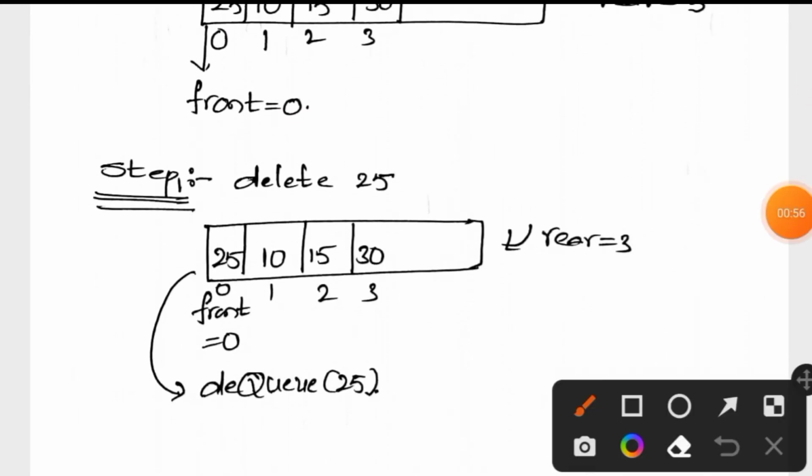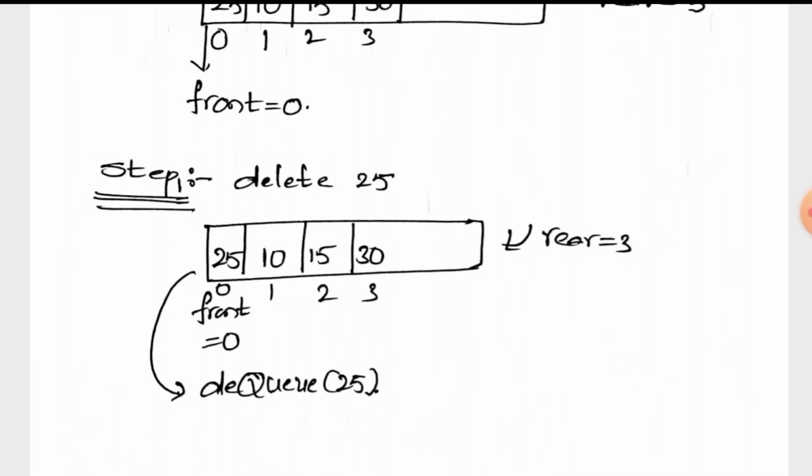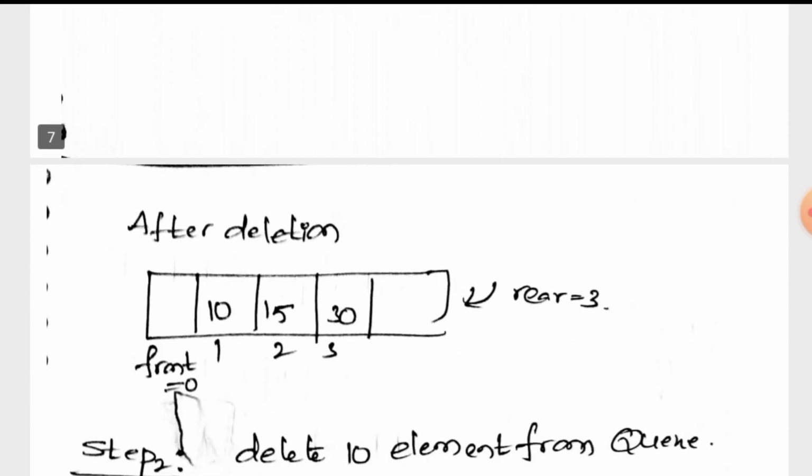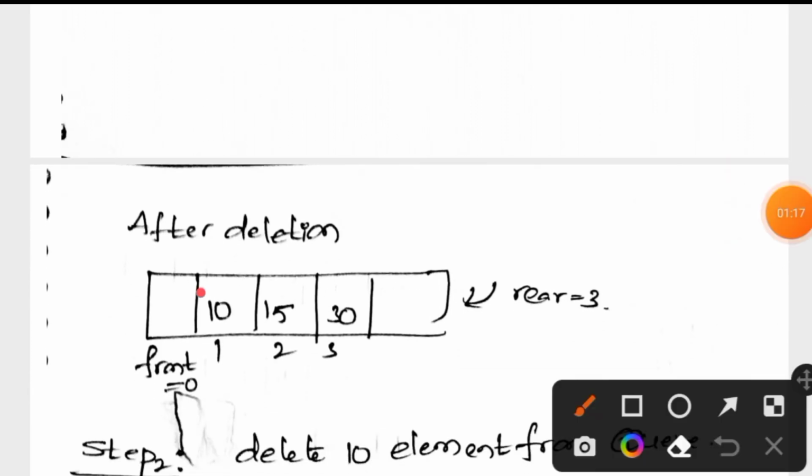Front position is 0. Now we are going to delete the 25. So we have to call the dequeue method, and the 25 is deleted, and here you can see after deletion how the queue will be like this. So at the 0 position the element is deleted.